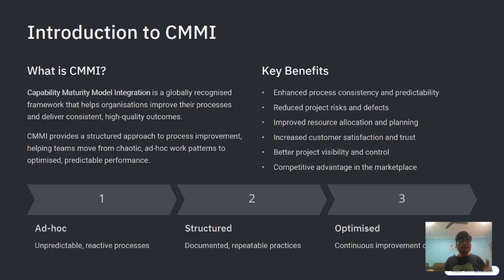What are the key benefits of this CMMI level? If we analyze the benefits, first is enhanced process consistency and predictability. As I said, processes are not just implemented; we are consistently following those processes in the project.